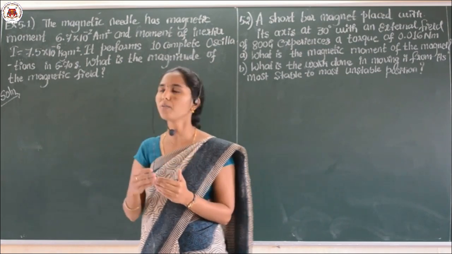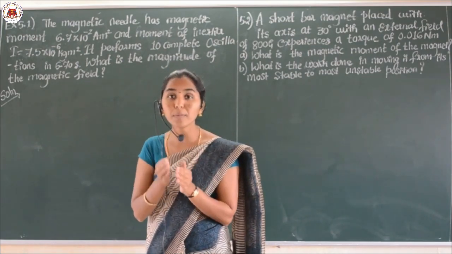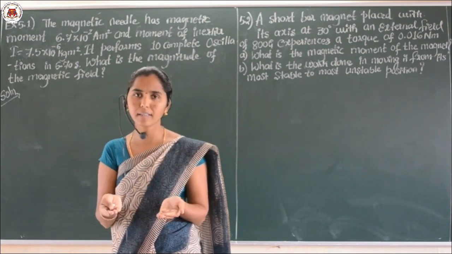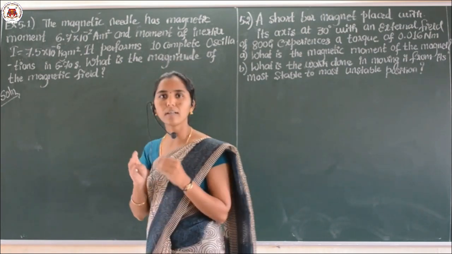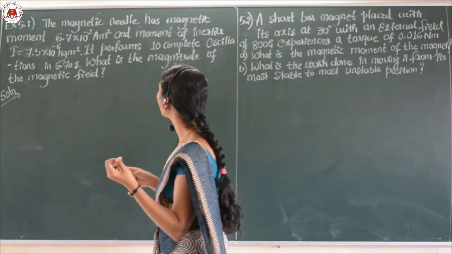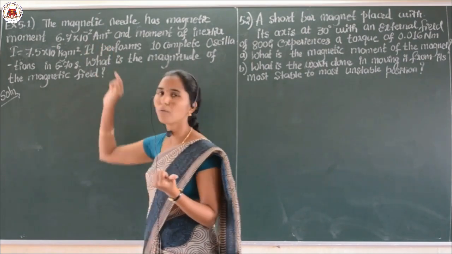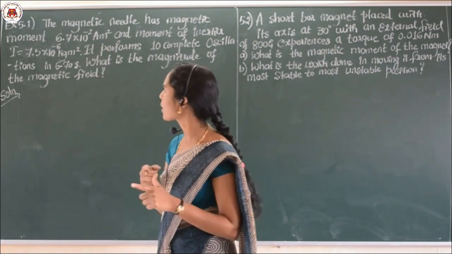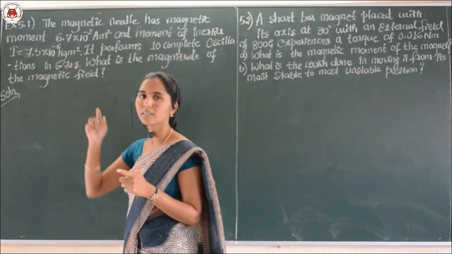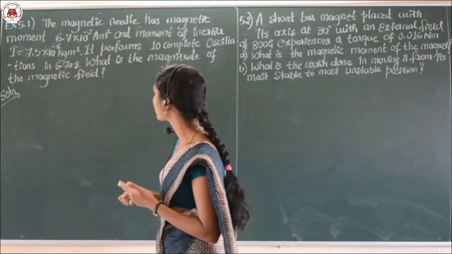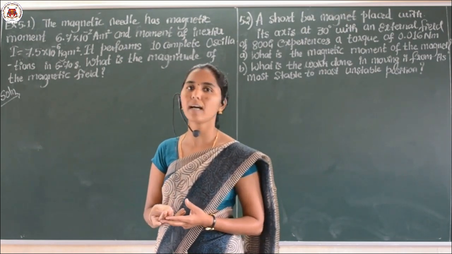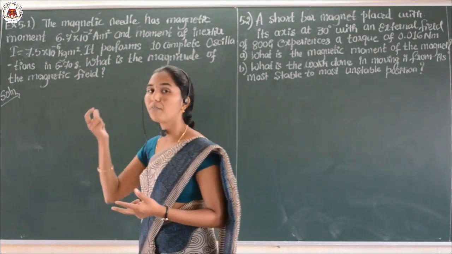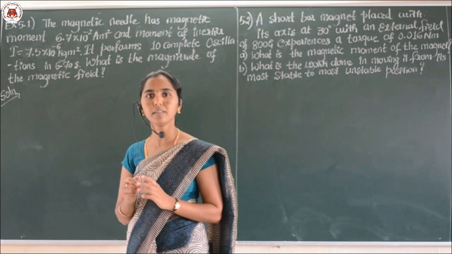First you have to think about what is given and what you need to calculate. The data given are the magnetic moment m, the moment of inertia I, and the time period. With the help of these three data we need to calculate the value of the magnetic field B.